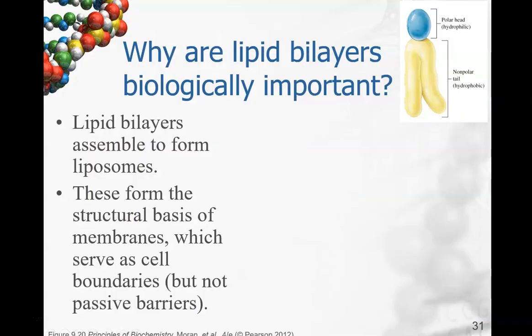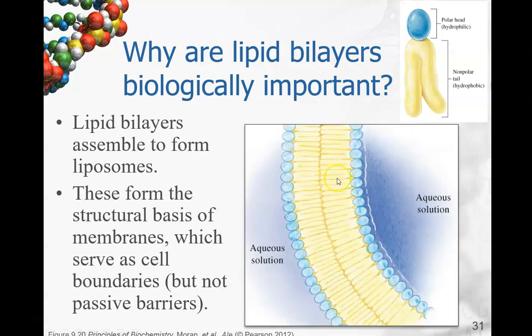So lipid bilayers are biologically important. If you take our lipid bilayer and imagine that you can enclose an aqueous compartment, this is the basis of a cell, where you have an aqueous solution on the inside of a cell and an aqueous solution on the outside, where again you've got the polar head groups on this inner leaflet of the membrane facing the aqueous solution on the inside of the cell, and the polar head groups on the extracellular leaflet interacting with the aqueous solution on the outside of the cell.